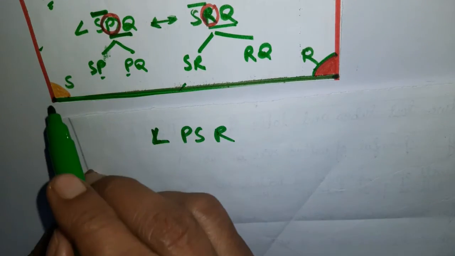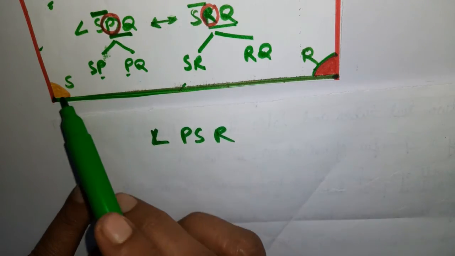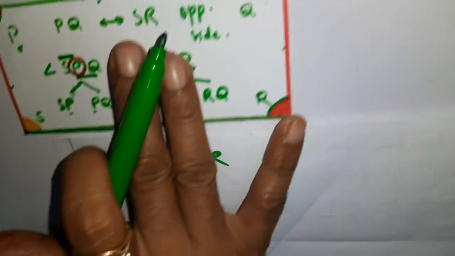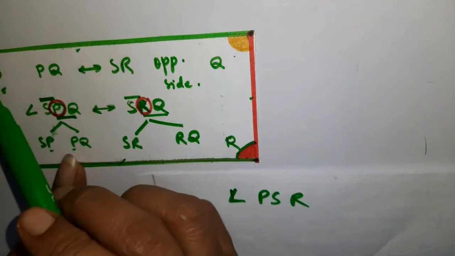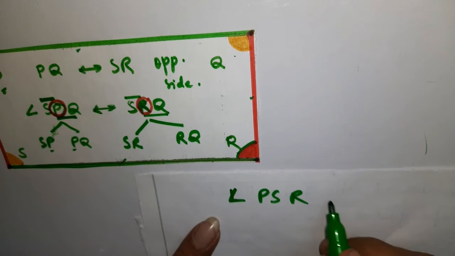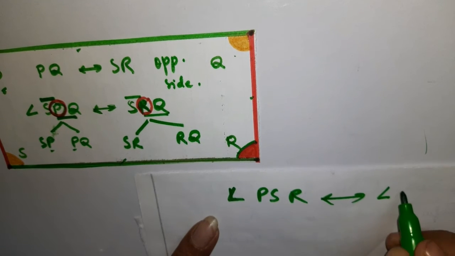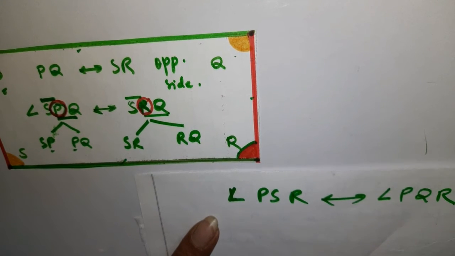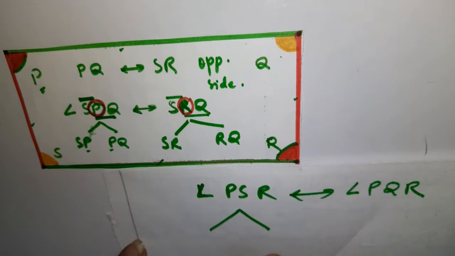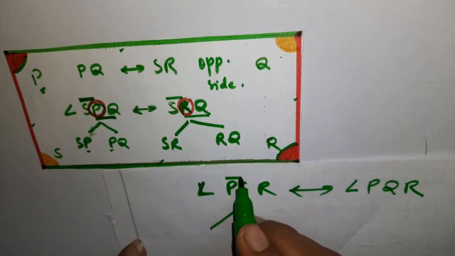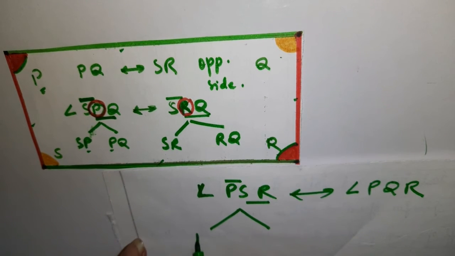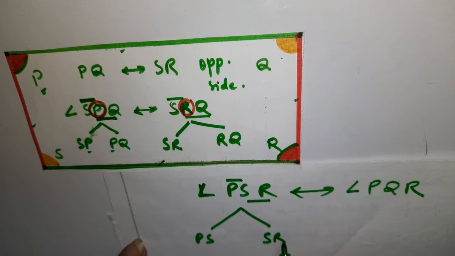If we talk about this angle, PSR, then the opposite angle is PQR. Opposite to this is angle PQR. Let us find the arms of each to verify whether they are opposite or not. Here the arms are PS and SR.